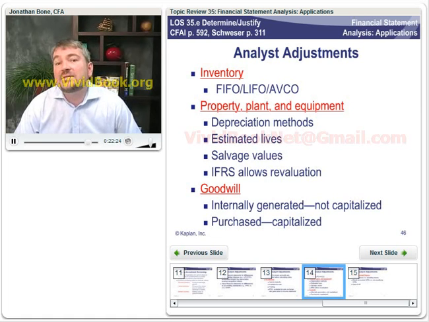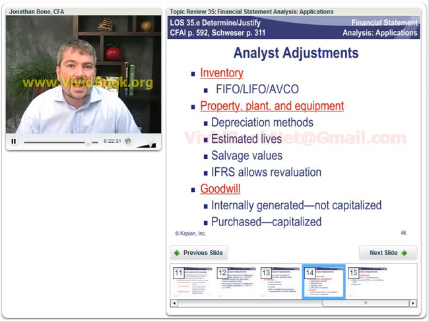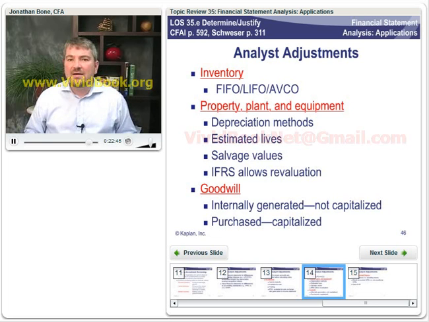US GAAP does not. So under US GAAP, everything's going to be sitting at historic cost, less accumulated depreciation. So again, if you're comparing between IFRS and US GAAP, you really need to look at that plant, property and equipment. Has the company using IFRS revalued? Now remember, with revaluations under IFRS, you may revalue, you don't have to.